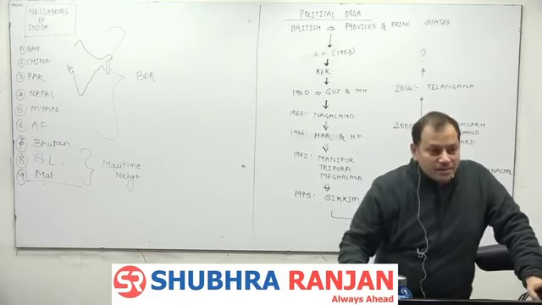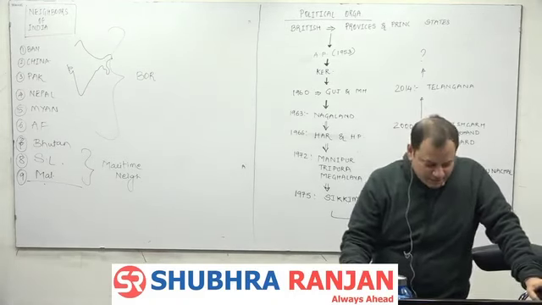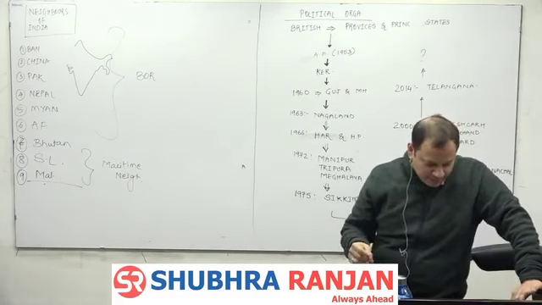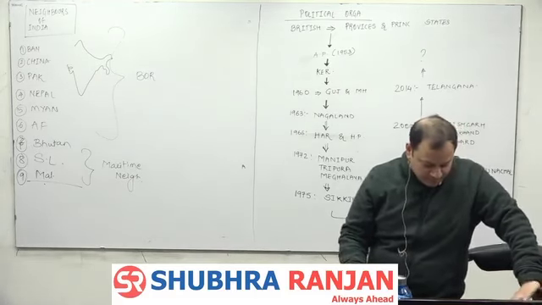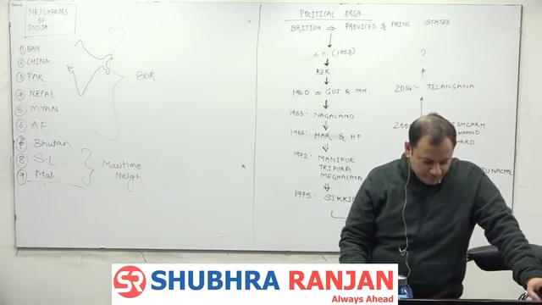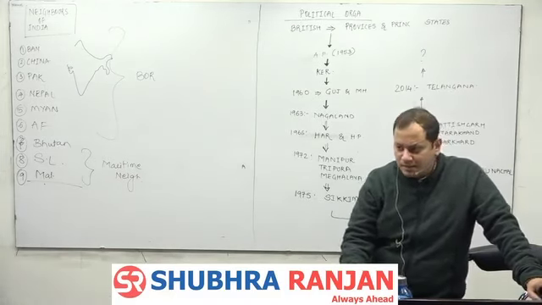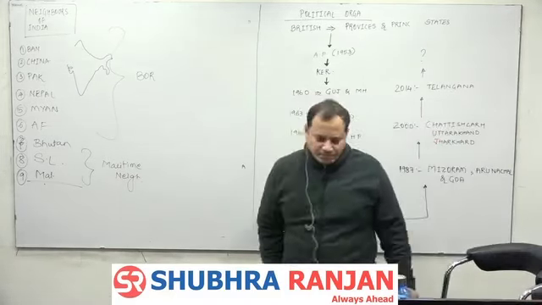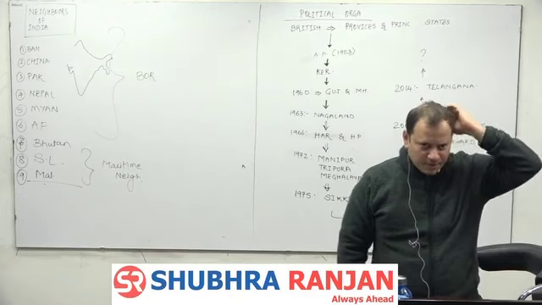So you can take down. India has borders with the following countries. सबसे ज्यादा बॉर्डर किसके साथ है? बांग्लादेश. First Bangladesh, second China.